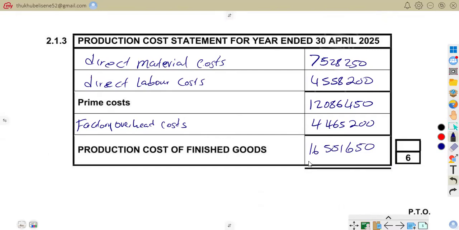That is our prime cost plus factory overheads. So now you get your 6 marks.